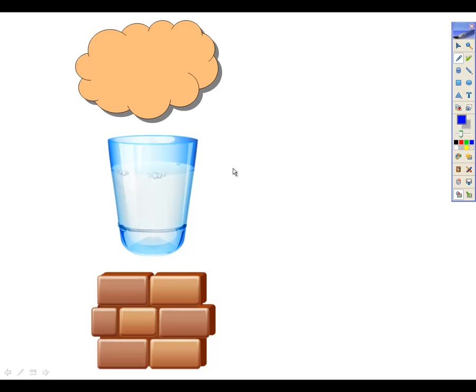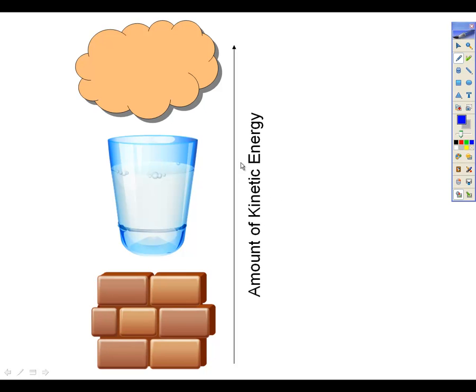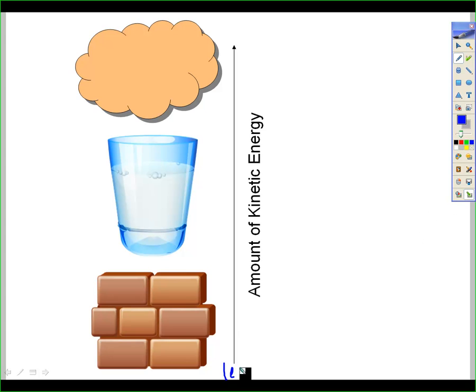Mine look fancy. I want you to write in those boxes on the left-hand side: solid, liquid, and gas. Now for solid, liquid, and gas, as you move up this process, you are increasing the amount of kinetic energy. So kinetic energy goes from lowest to highest, or least to most.